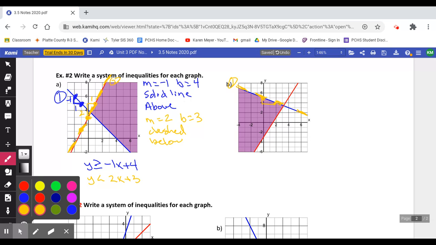So if I count for my slope, I got down 1, right 2. So my slope is negative 1/2. Crosses the y at 5. It's a dashed line. And it's shading below. So y is less than negative 1/2 x plus 5.